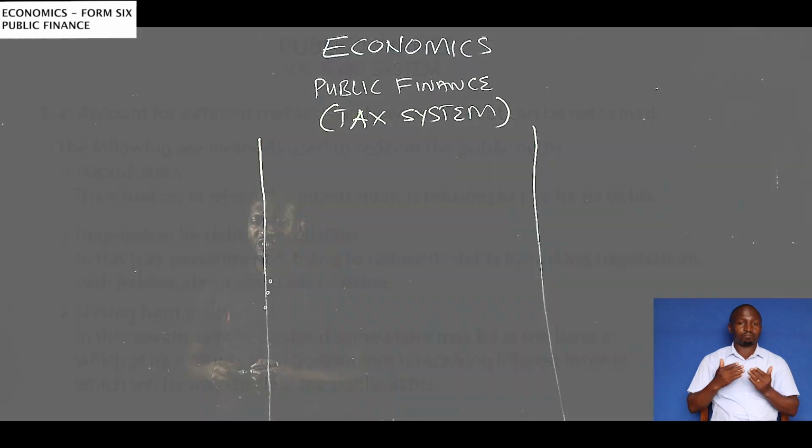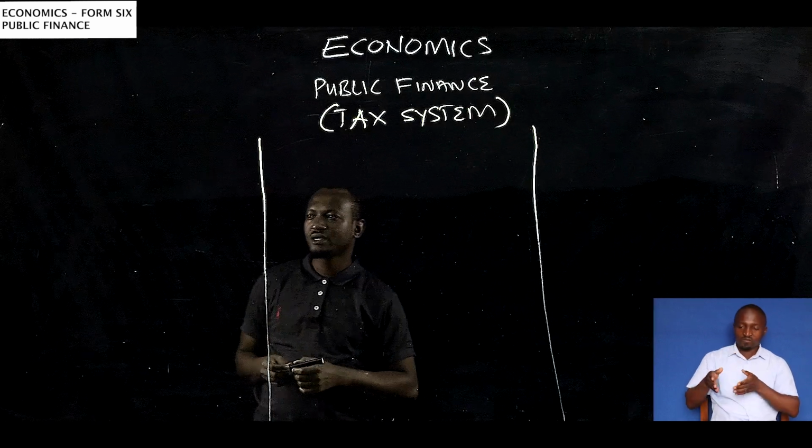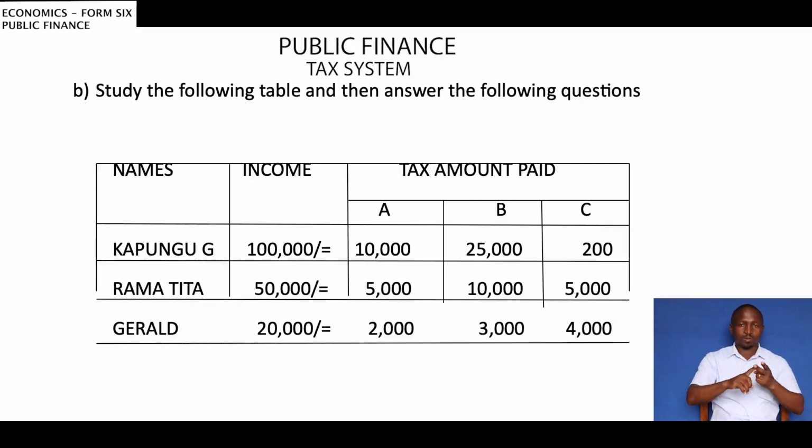Okay, let's see question number 5, tax system. Study the following table and then answer the following questions. So in our question, we have a table here. The table shows 3 columns. The first column, names: we have Kapungu G, Ramatita, and Gerard.